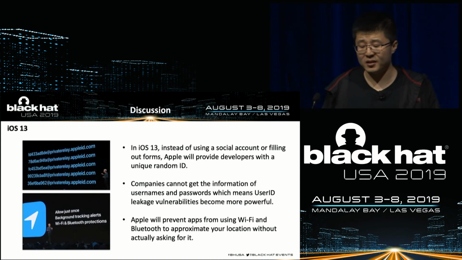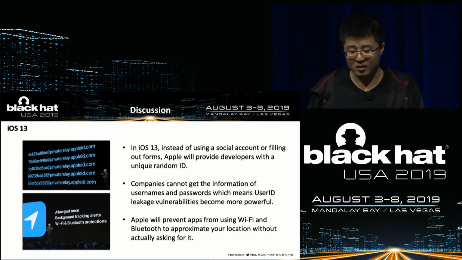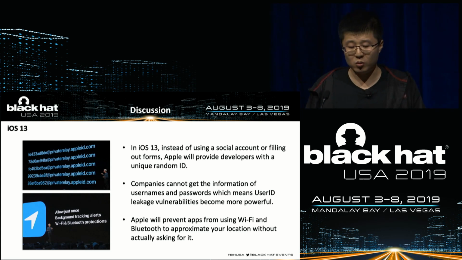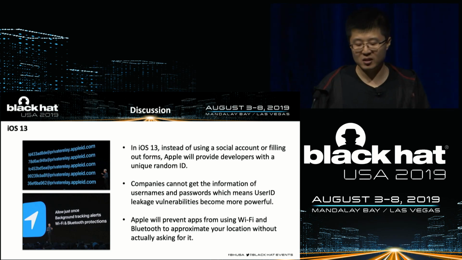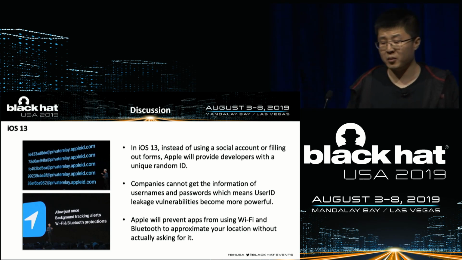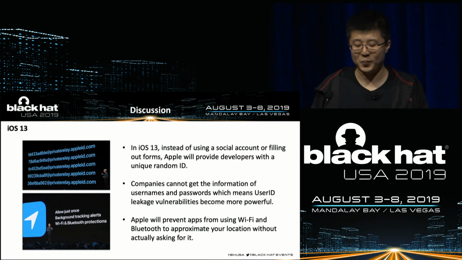Moreover, in iOS 13, Apple plans to add more mechanisms to protect users' privacy. For example, instead of using a social account or filling out forms, Apple will provide developers with a unique random ID.